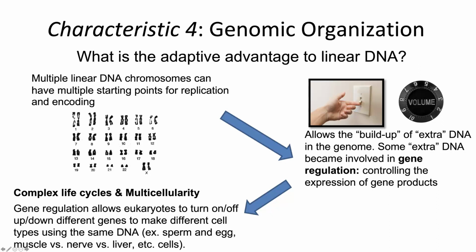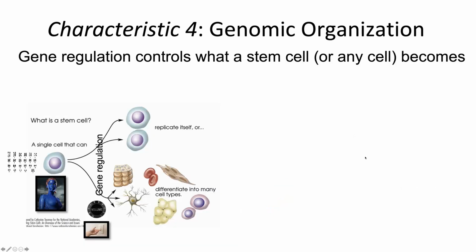So if you have all of the genetic information to make all different types of cells, whether it's a neuron, whether it's a muscle cell, whether it's a skin cell, if all of that information is in here, you can turn on and off particular genes to decide what a cell is going to become. But you need gene regulation to be able to do that.